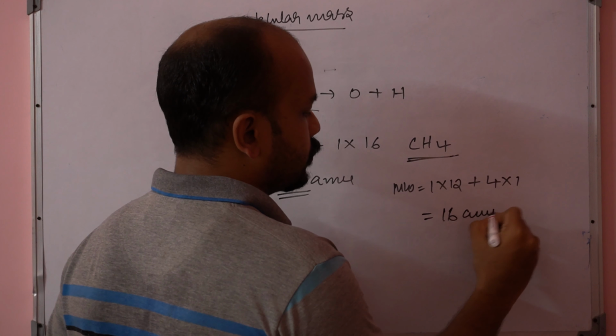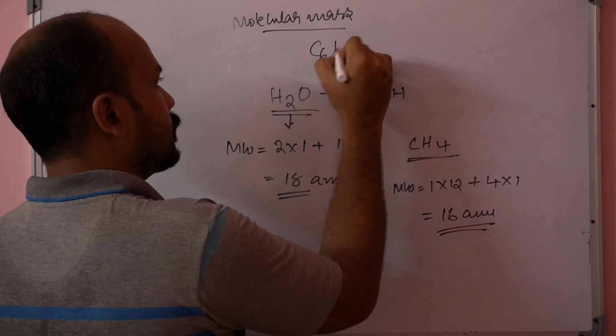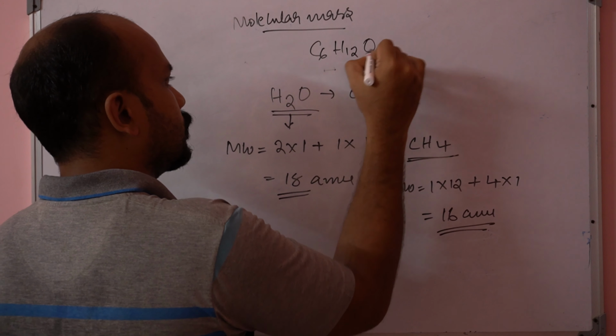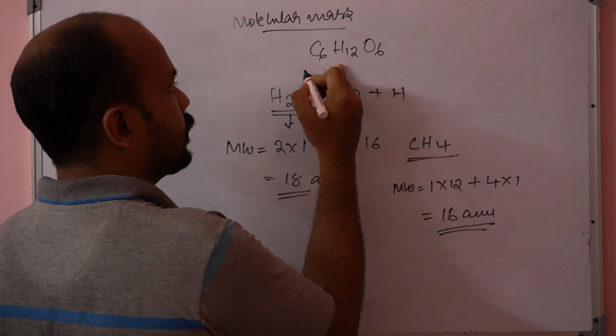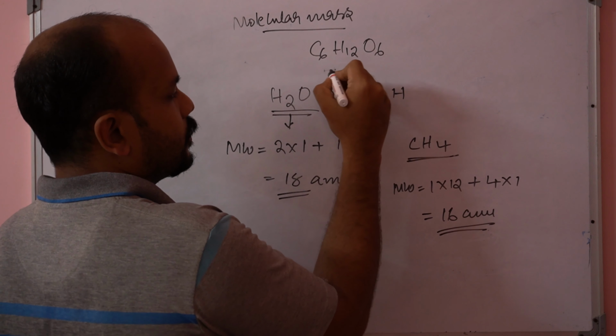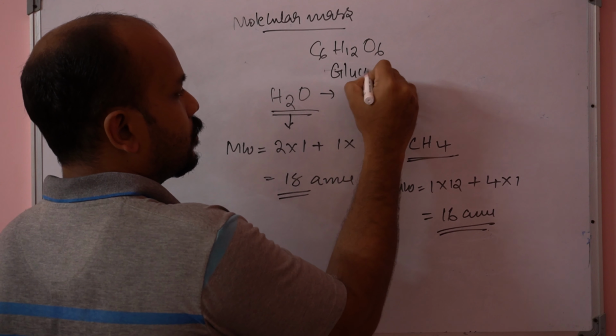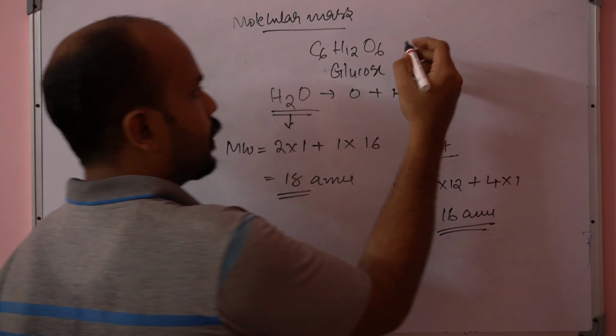Or you can take any molecule, for example C6H12O6, which is nothing but glucose. The molecular weight is 6 into 12 plus 12 into 1 plus 6 into 16.